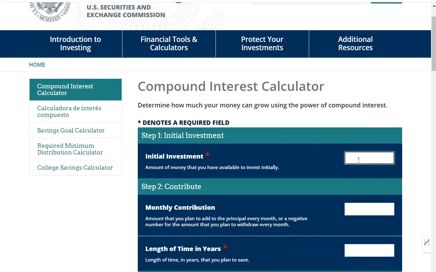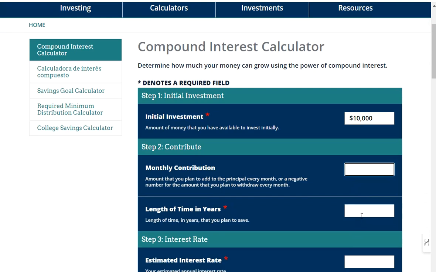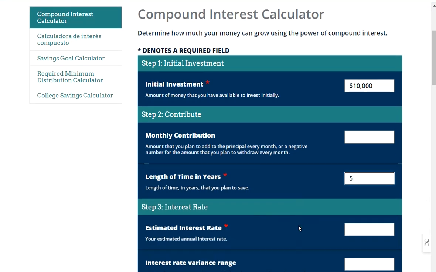For the initial amount that you are investing, let's say you want to invest $10,000. In case you want to contribute some amount of money every month, that's not our interest now, so we're not going to put anything there. Now when you scroll down, the length of time in years, let's say 5 years.